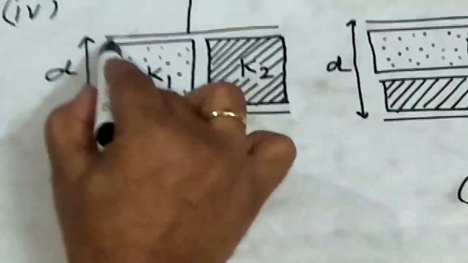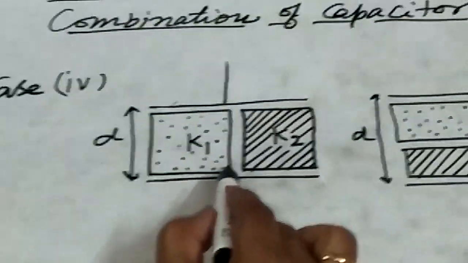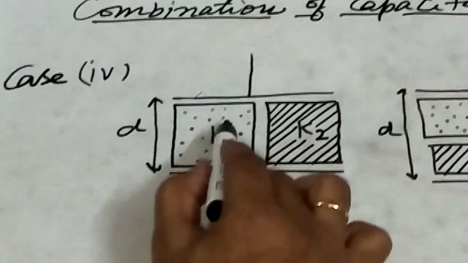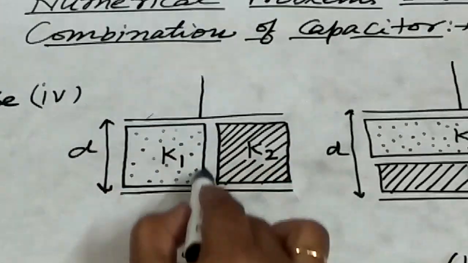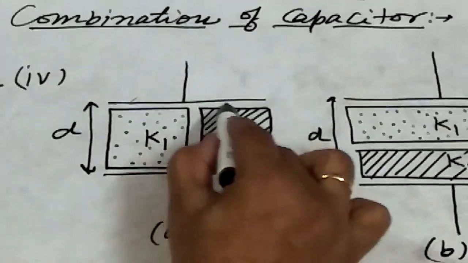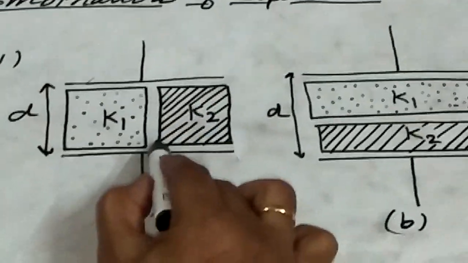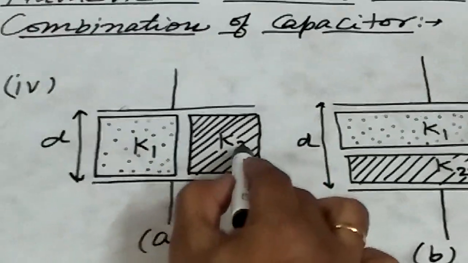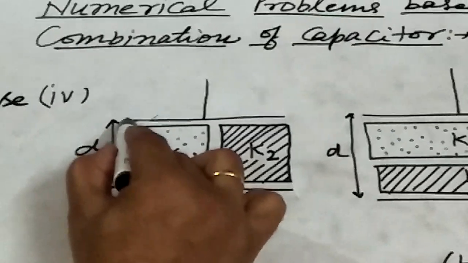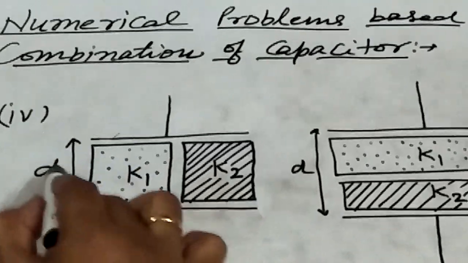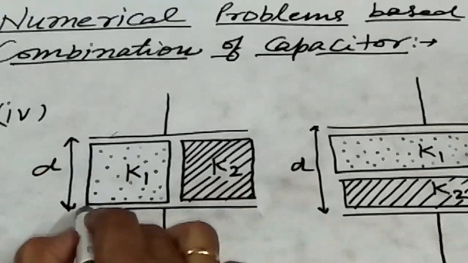In figure A, a dielectric slab of dielectric constant K1 is inserted in half of the area of the plate, and in the next half area another dielectric slab of dielectric constant K2 is inserted, but the thickness of each dielectric slab is the same as the separation between the plates.